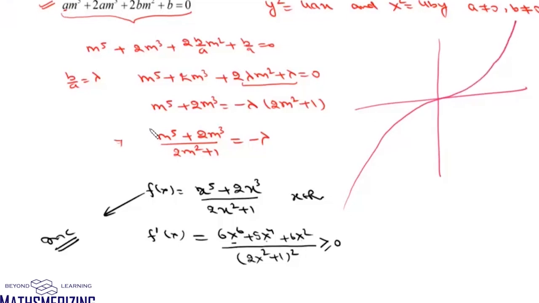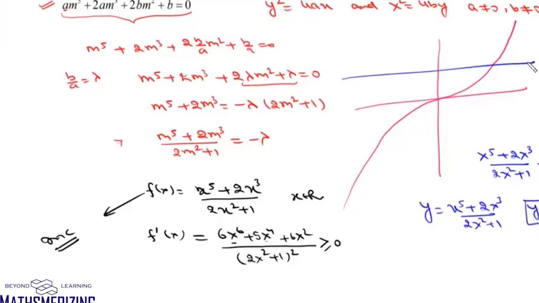Now we'll need to find the number of solutions of this equation, which is x to the power 5 plus 2x cube upon 2x square plus 1 equals minus lambda. One function is x to the power 5 plus 2x cube upon 2x square plus 1, and the other function is y equals minus lambda, which is a straight line parallel to the x-axis.